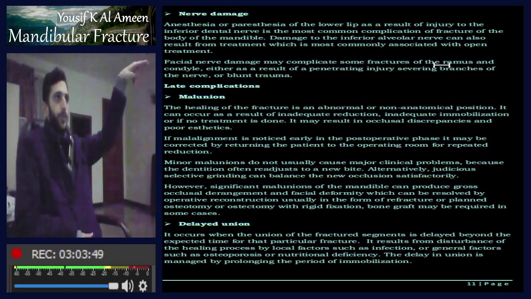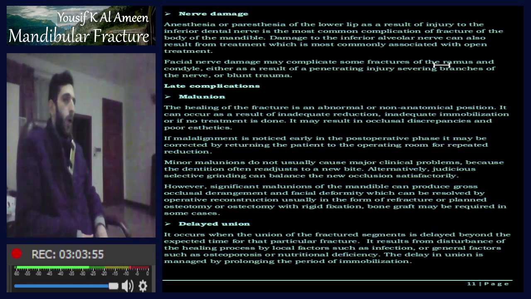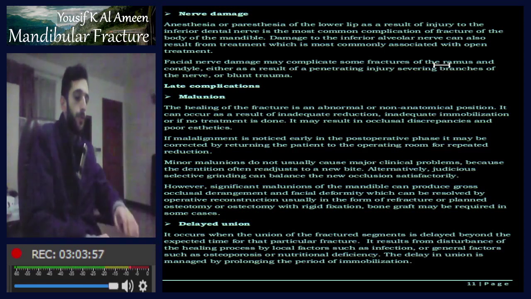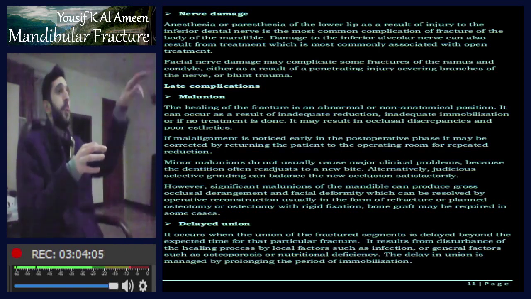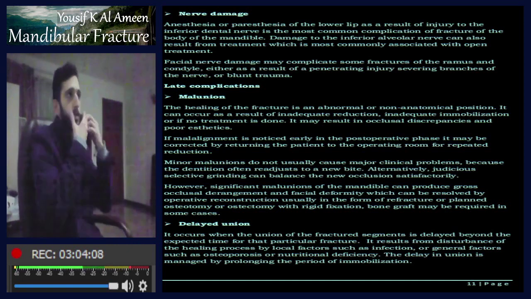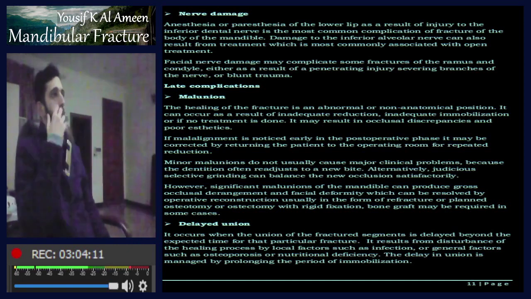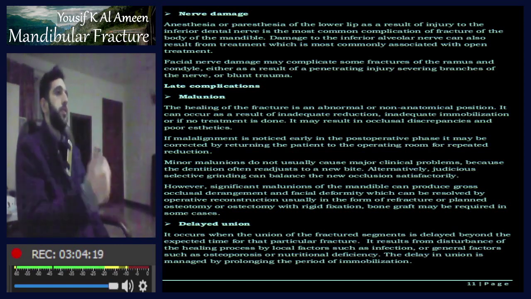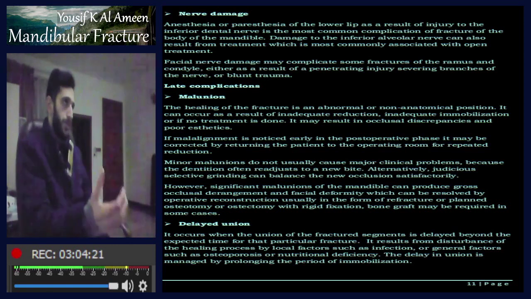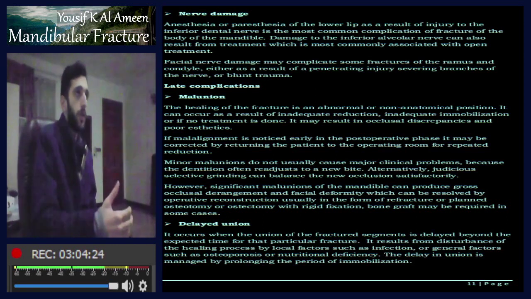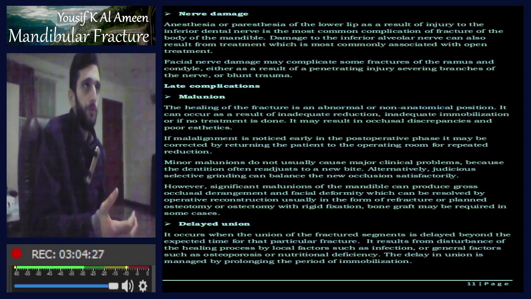Facial nerve damage may complicate some fractures of the ramus and condyle, either as a result of penetrating injury, severing branches of the nerve, or blunt trauma.